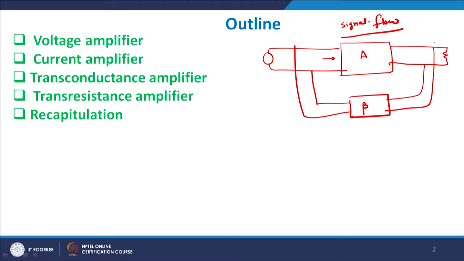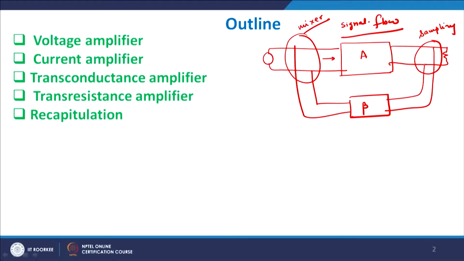Now, depending on how you manage this side and this side, this is known as the sampling portion, and this is known as the mixer portion. Depending on how you sample and mix, you can have 4 types of configurations. Whenever you sample in parallel form, you are sampling voltage, and this is also voltage, because this is parallel.